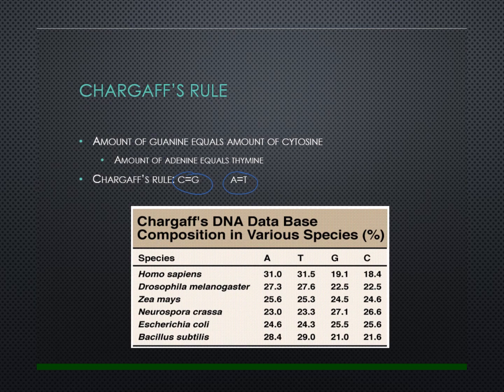So in this little database picture, Homo sapiens, us, got about 31% A's and roughly 31% T's, about 19% G's and almost 19% C's. So it's not perfectly equal, but just about. So rule of thumb, you can just know that G's and C's are equal and A's and T's are equal.